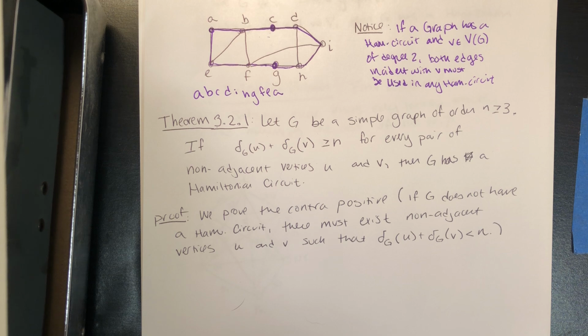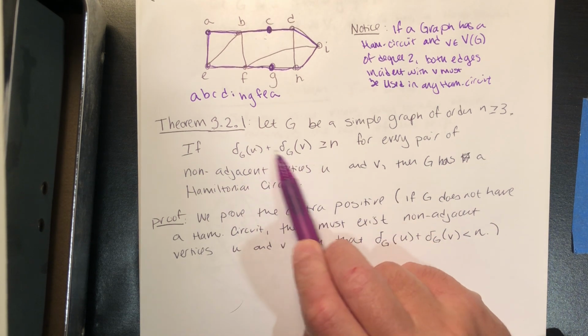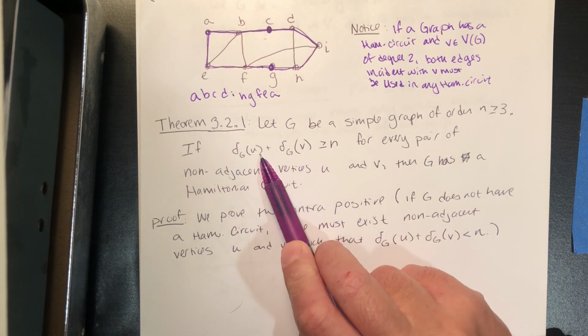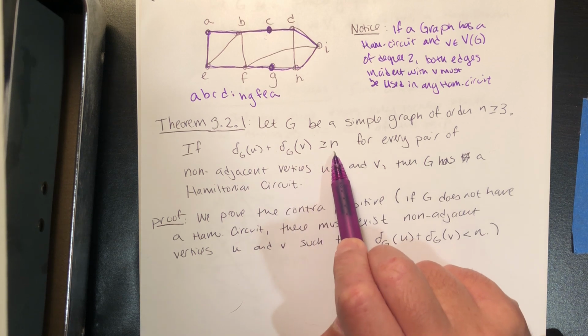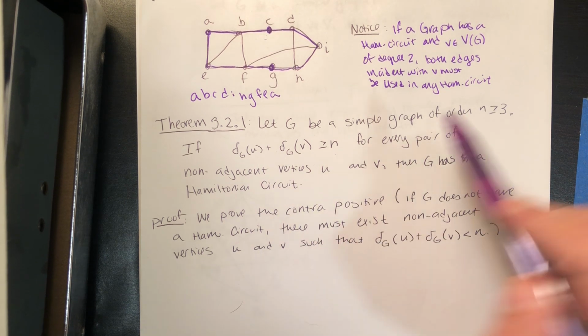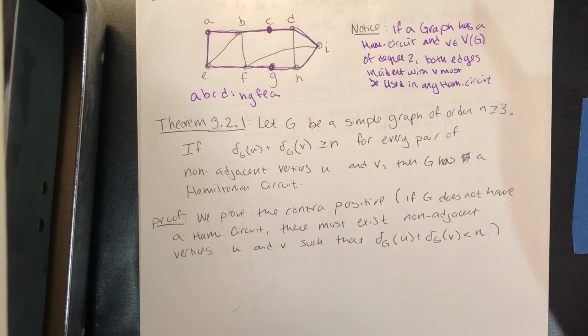This might look a little bit familiar. The hypothesis looks a lot like a result that we had about whether a graph was connected or not. But in this case, we're saying if the degrees of every pair of non-adjacent vertices add up to at least n, the order of the graph, then we can conclude that the graph has a Hamiltonian circuit.